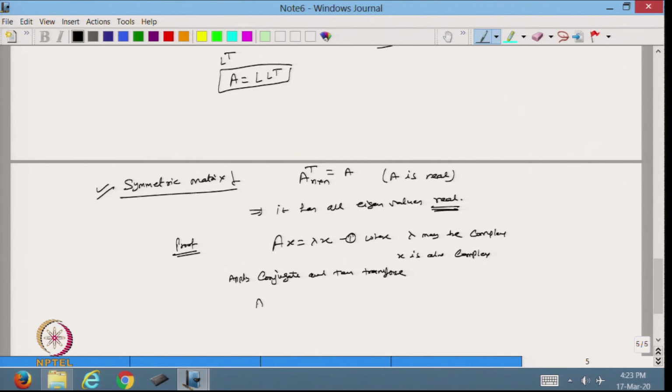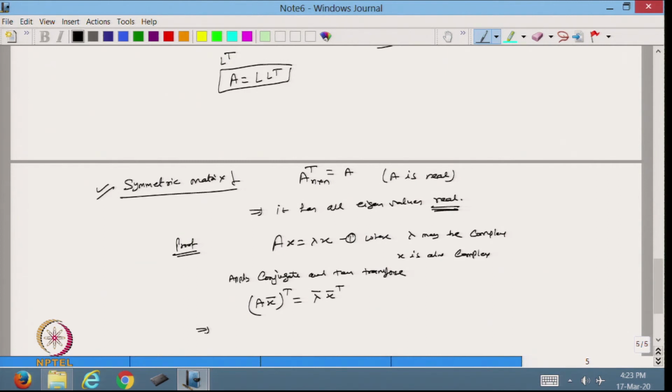A is real, so the conjugate does not matter. Lambda is a scalar, so I will put the conjugate of lambda, and then I take the transpose; because lambda is a scalar, the transpose gives the same value.